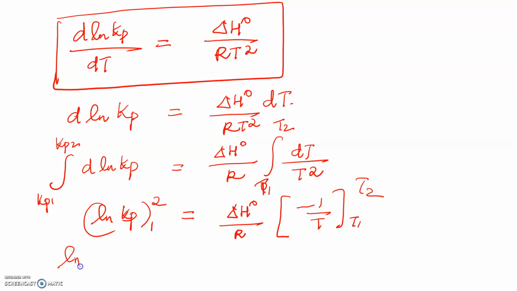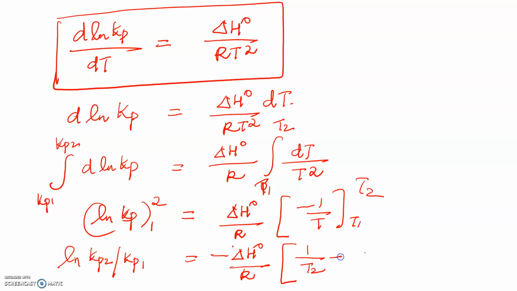This is ln Kp2 divided by Kp1 is equal to minus delta H0 by R into 1 by T2 minus 1 by T1.